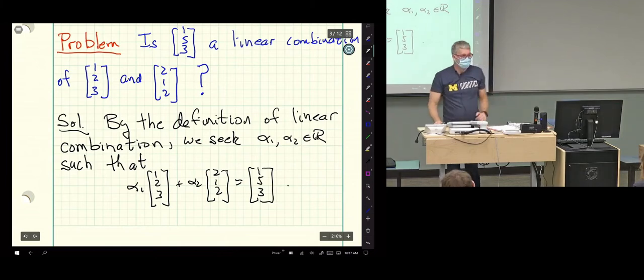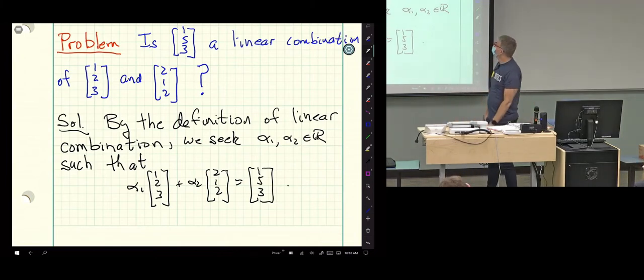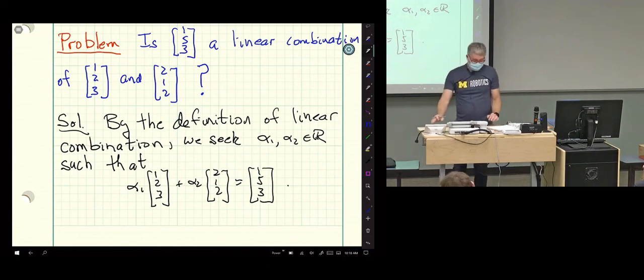Thrilling equation. That's how you approach testing if something is a linear combination. Okay, so we have 3 equations and 2 unknowns, right? Does it have a solution?